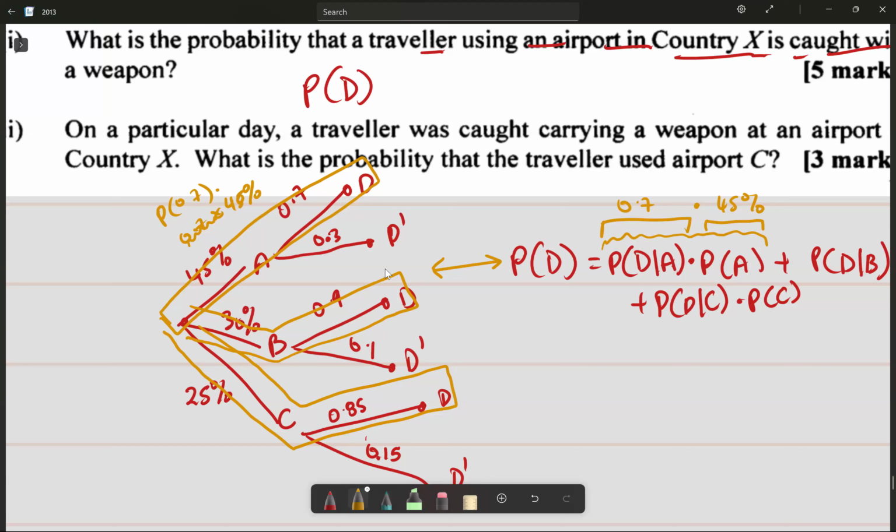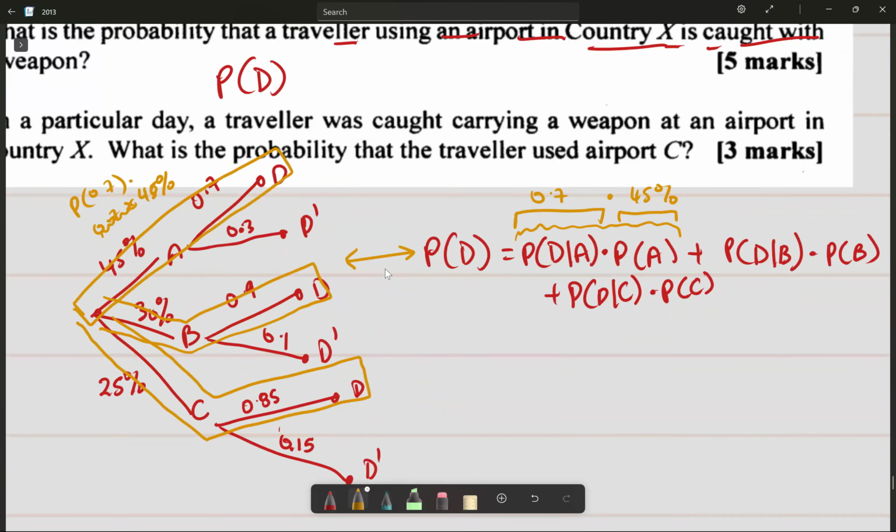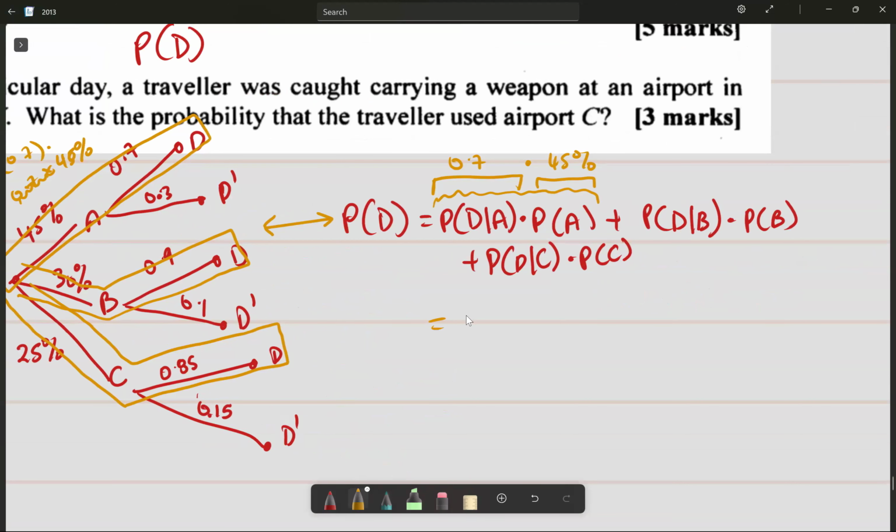Yes, okay, so the next part is to actually fill in these answers. So this is 0.7 multiplied by 0.45. Remember, you need to put it all in the same unit, so not percentage, but as decimals.